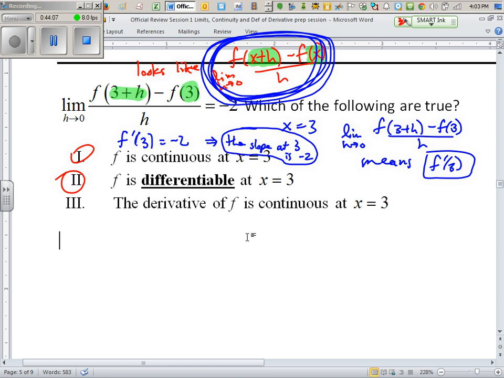Now you might think, well, how can the derivative be discontinuous if the function is differentiable? There is a special case. I researched this topic for like an hour one day. There is a graph where the derivative function looks broken at 3, but the original graph is smooth at 3.